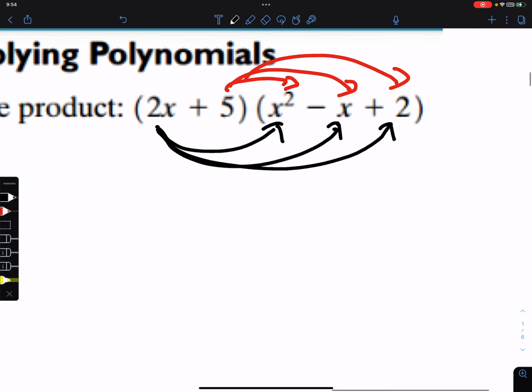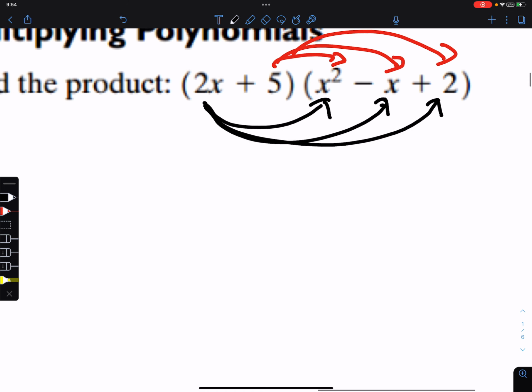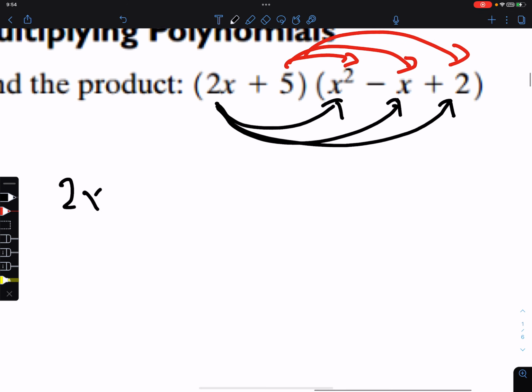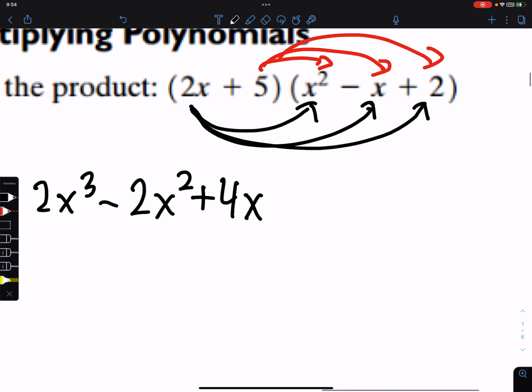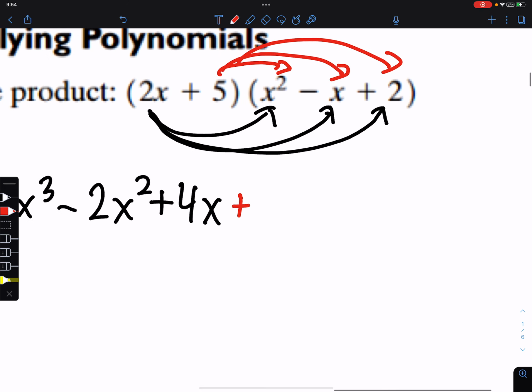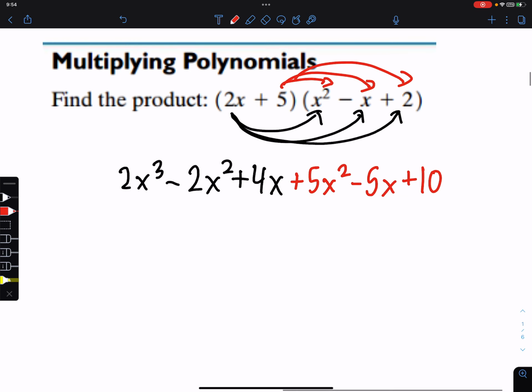So 2x times all of that. So 2x times x squared, that is 2x cubed because we have 3 x's multiplying together, okay? Minus 2x squared plus 4x. Now then we go ahead with the 5, plus 5x squared minus 5x plus 10, okay?